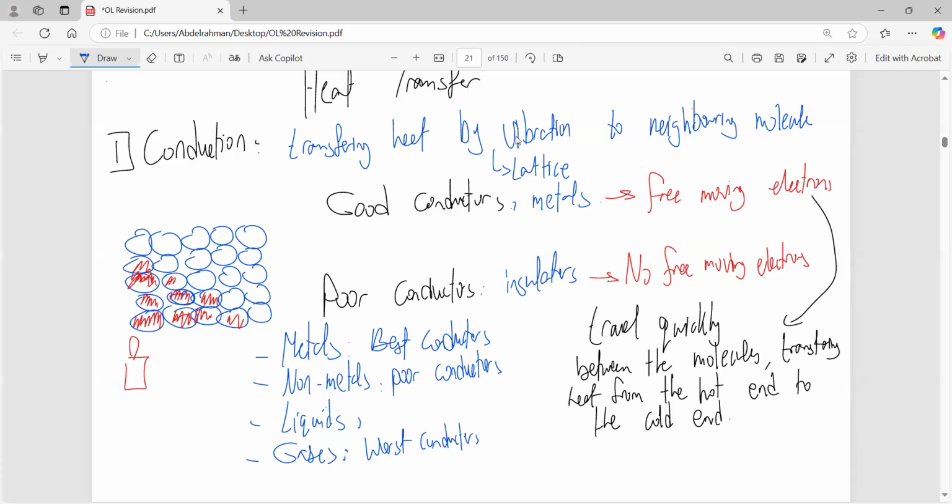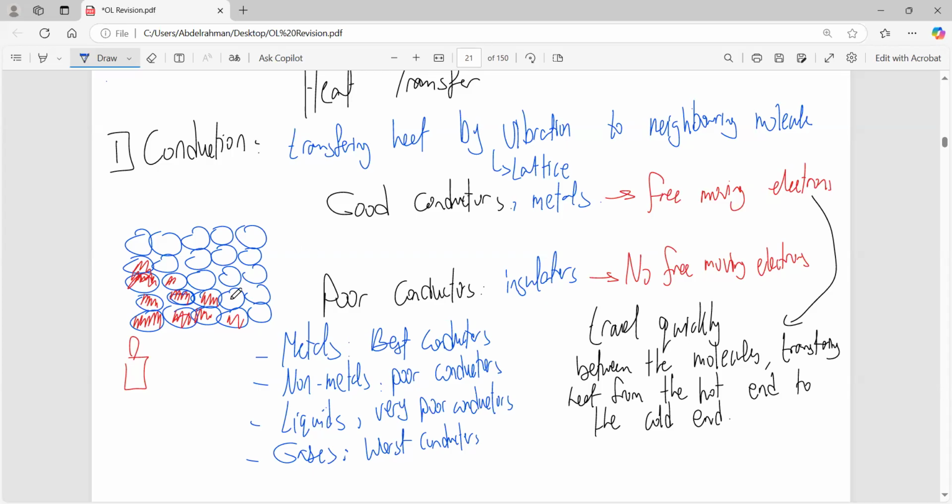They're very poor conductors. But you cannot say that liquids and gases do not conduct. They do conduct, but the percentage of conductivity is much less than metals or non-metals.